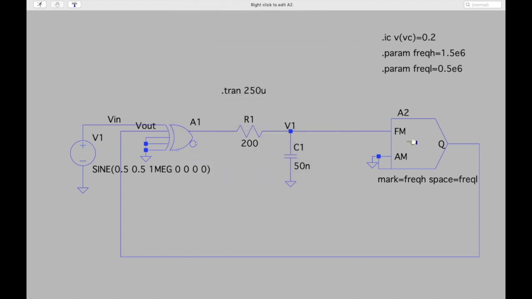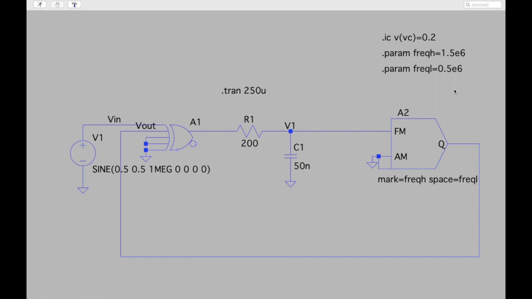The VCO characteristics are the same as the ones we discussed last time. At 0 volt it generates a frequency of 0.5 megahertz, and at 1 volt 1.5 megahertz.